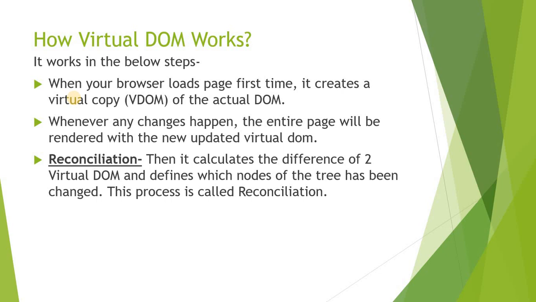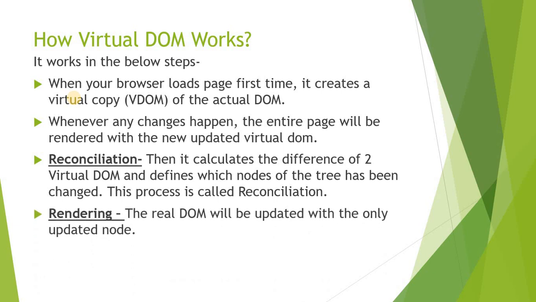This process is called reconciliation. After calculating the differences and finding the updated node, it updates the real DOM with only the updated node, and then renders the page on the browser.